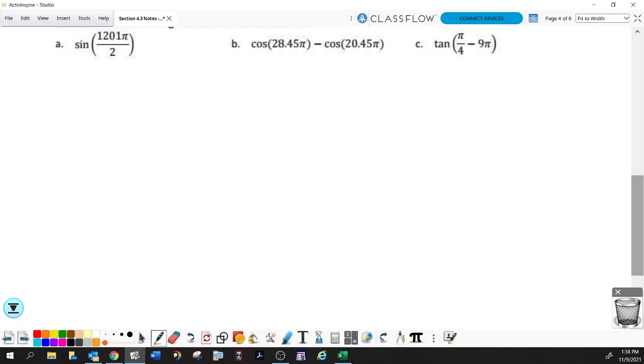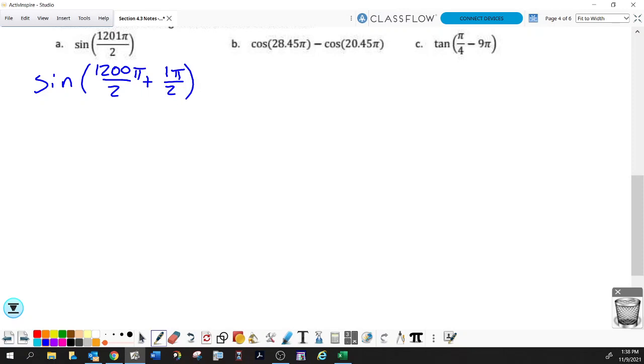So we have sine of something ridiculously big. Can we agree that 1201 pi over 2 could be split into 2 fractions? 1200 pi over 2 plus 1 pi over 2?